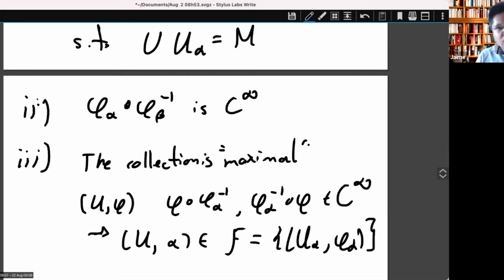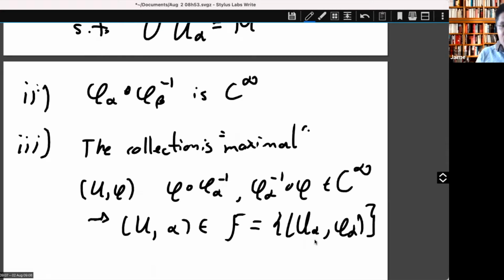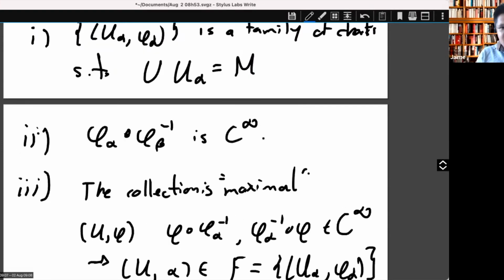Of course, there are other definitions of smooth manifolds depending on whether you ask C infinity or C^k or whatever.